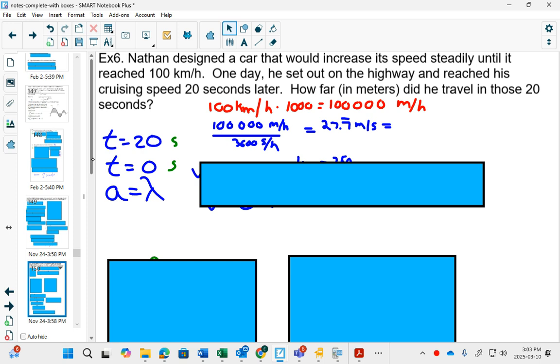So every hour has 60 minutes, and every minute has 60 seconds, so every hour has 3,600 seconds. So first thing I did was I took my 100 kilometers per hour and I converted it to 27.7 meters per second.